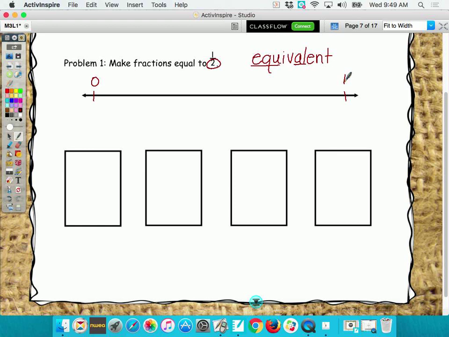Then you mark your equal spaces. So how many equal spaces do I need? 2. Okay, don't do this, but this is how you can tell your spaces. Do you have 2 hops? Okay, don't put your hops on there. 2 hops this time.